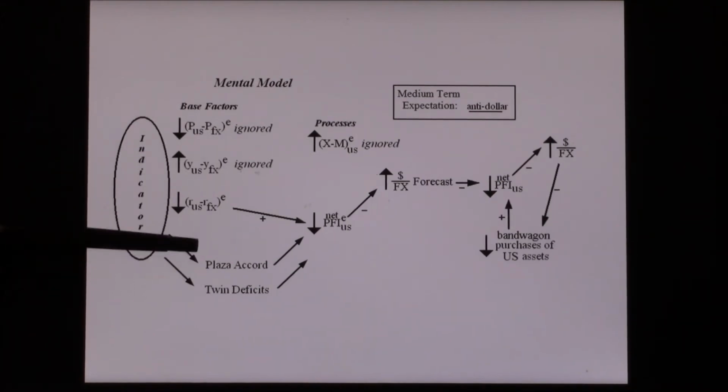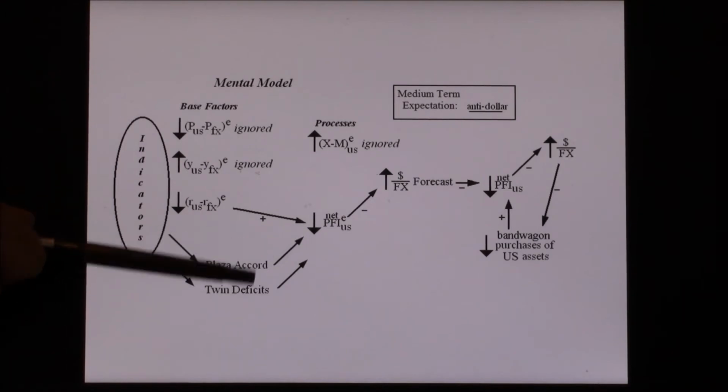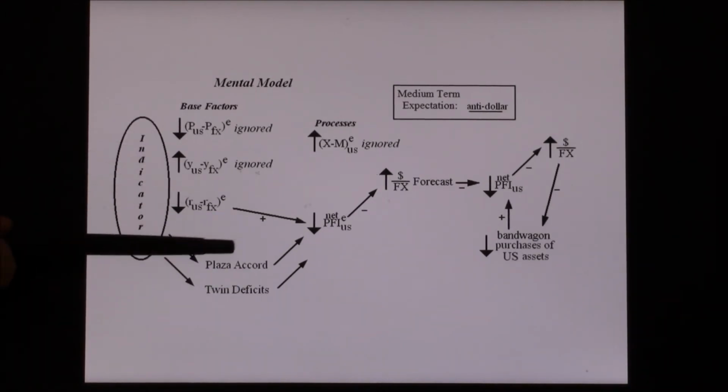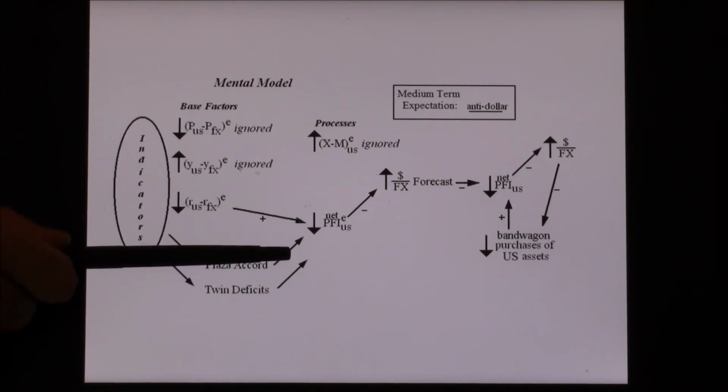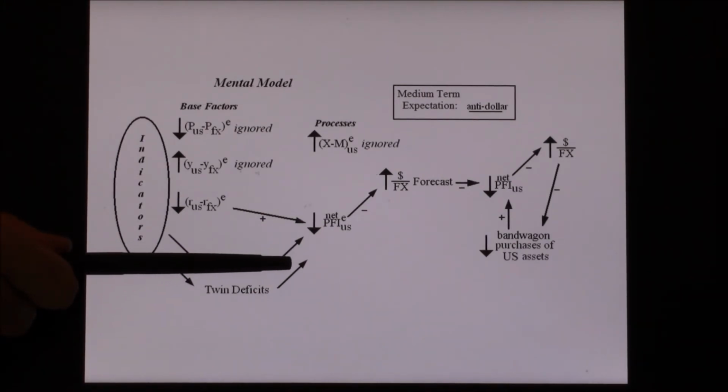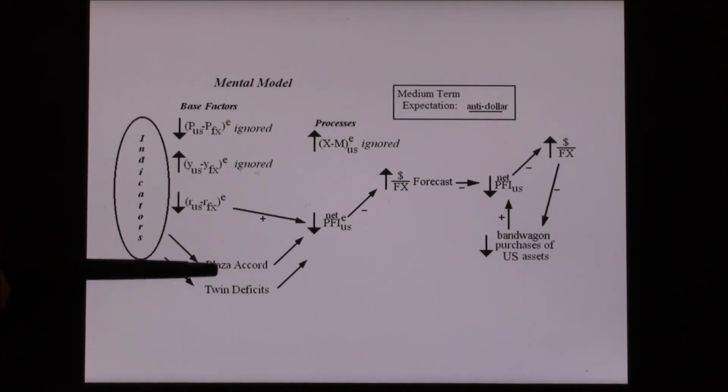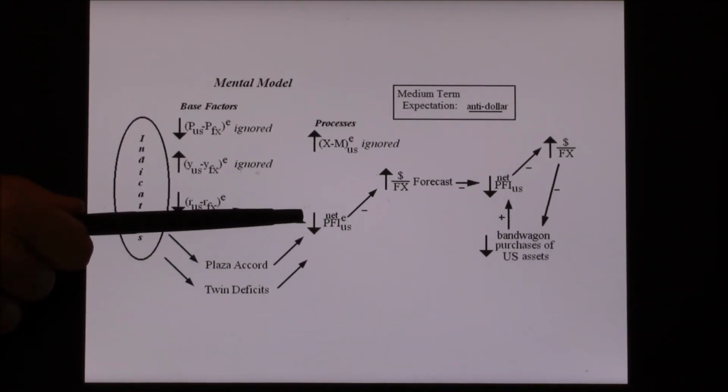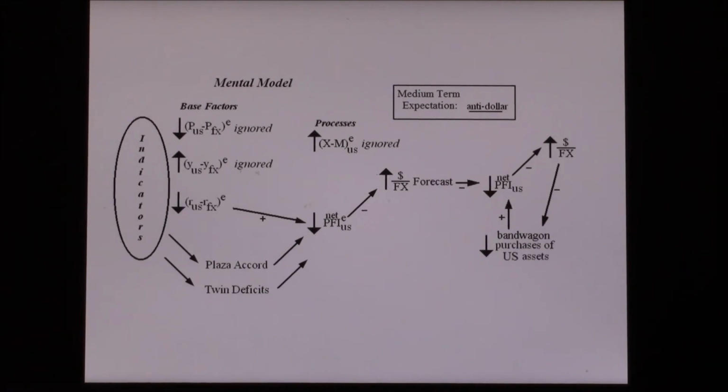Then there's these two unique indicators down here that both contributed to a downward trend in net capital flows into the U.S. We've got those bandwagon effects again at the end.